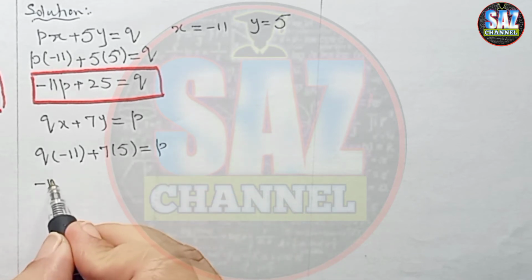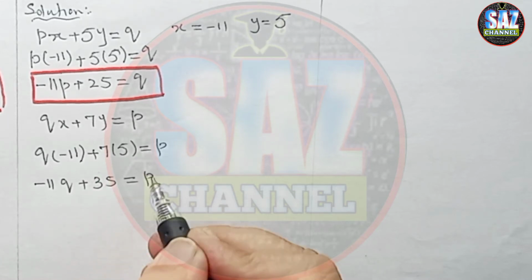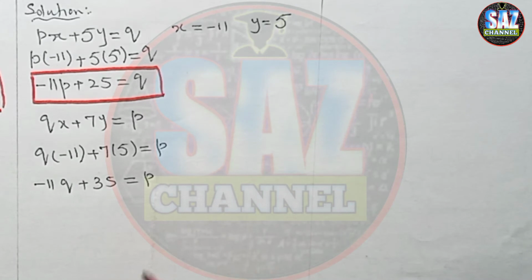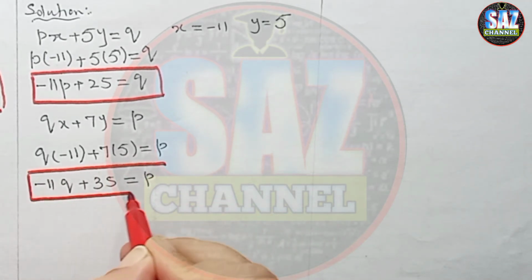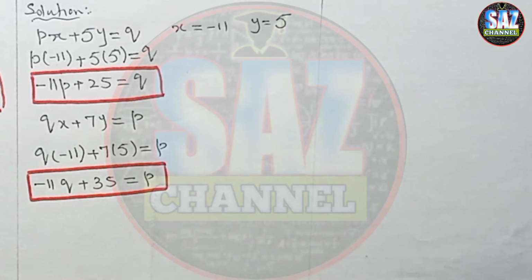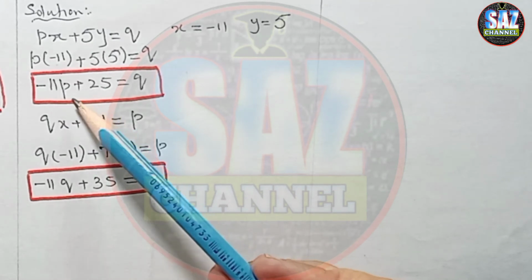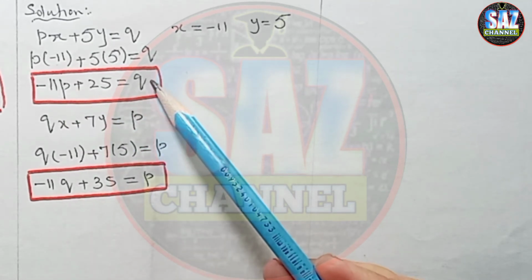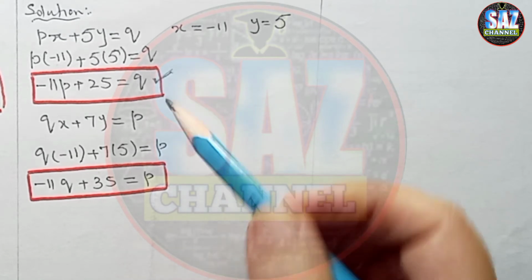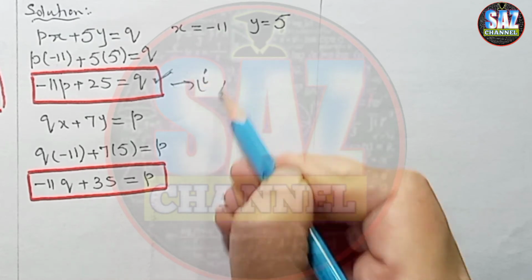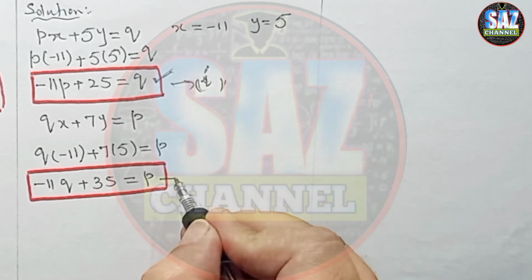This is minus 11q plus 35 equals p. Now we have to choose any one of the equations. If we look at equation 1, making p the subject of formula requires a little more calculation, but here q is already expressed as the subject of formula. So let this be equation 1 and this be equation 2.